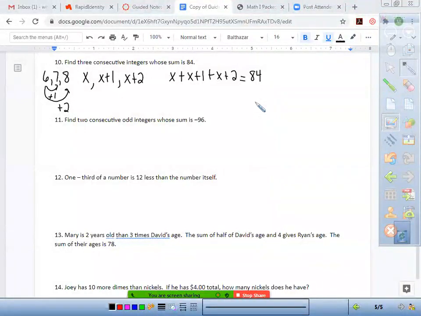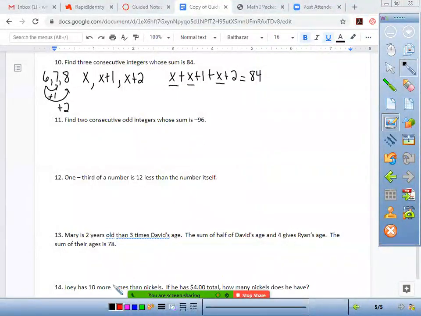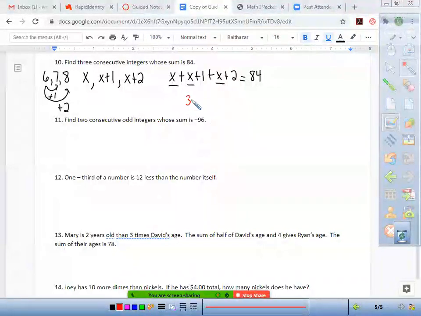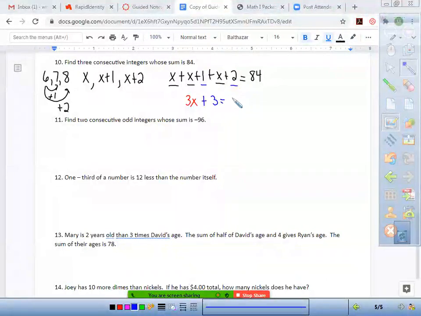So there's our equation. Now we got to solve it. I think we got some like terms there. We've got x and x is going to be what? 3x. And we've got 1 and 2 is going to be what? Plus 3 equals 84.